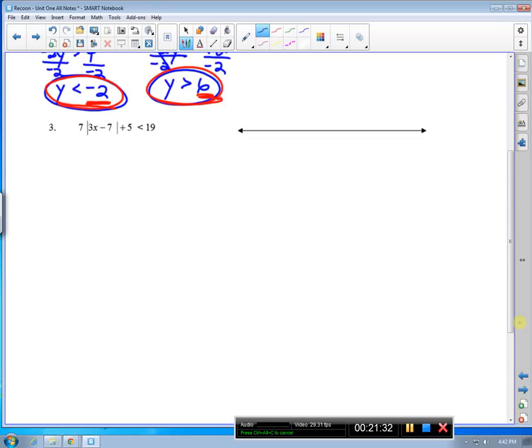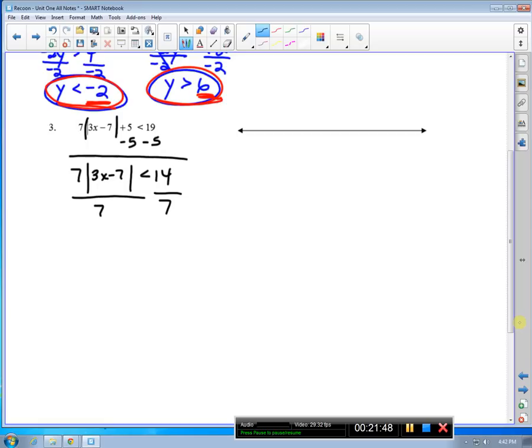So number 3, I'll do this quickly, and you can follow along. I want the bars alone. I have to divide by 7 as well. They're still not alone. And now we're going to split. On the left, keep it the same.